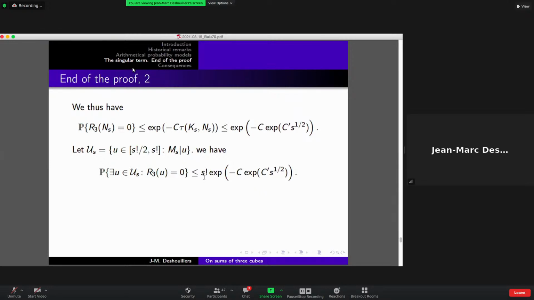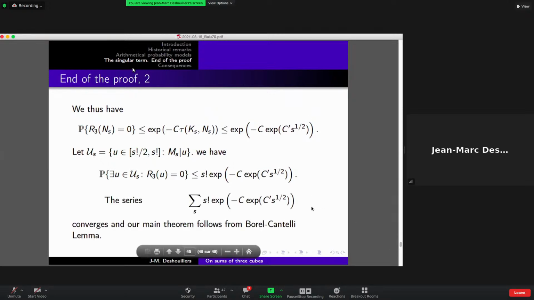But this is peanuts, s factorial, compared with what you have here. This is tremendous. You can see also that we can do something better than s to the 1/2, but this is not a big problem. And the series over s of s factorial exponentials converges.